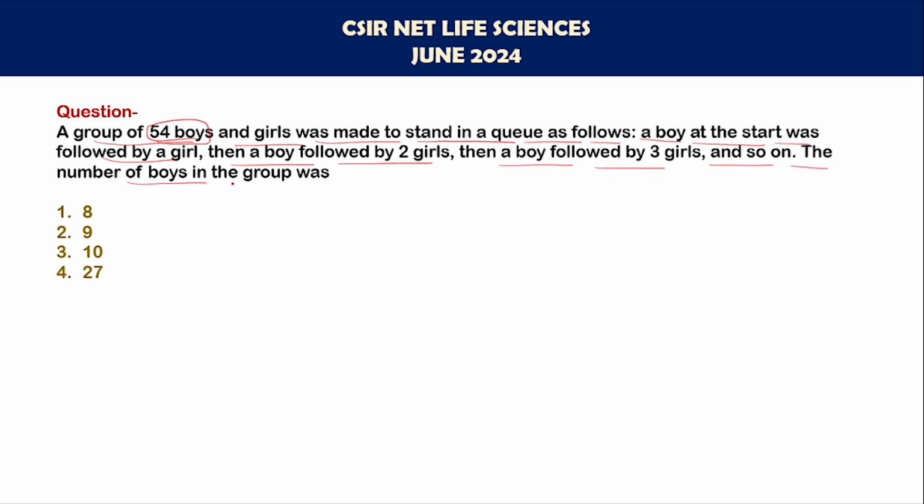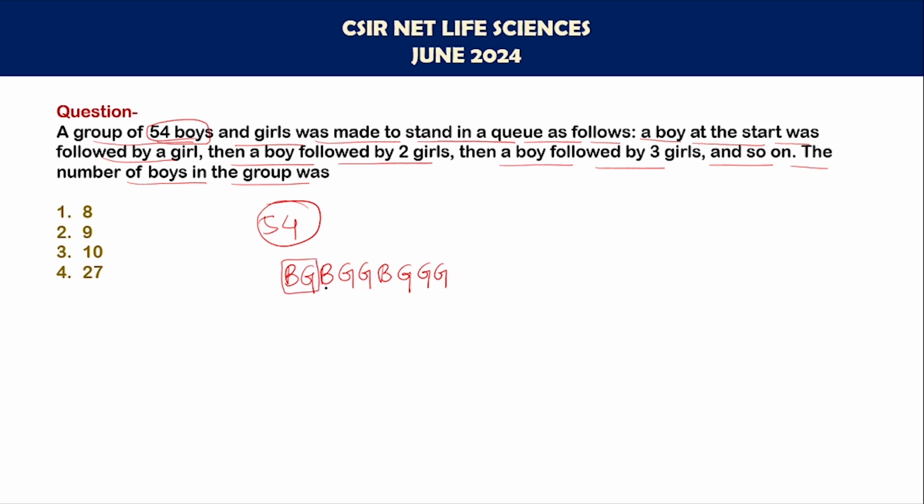The number of boys in the group was, so first of all there's a group of 54 girls and boys, and a boy is there at the start followed by a girl, that is boy, then girl, then they're saying a boy followed by 2 girls, then boy, 2 girls, then they are saying a boy followed by 3 girls. Okay, so boy followed by 3 girls and so on.